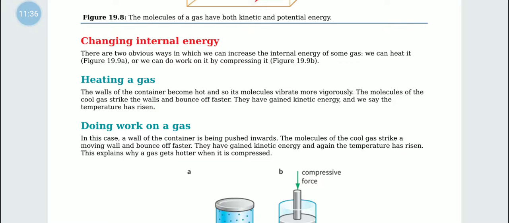Leave another line and write. Internal energy can be increased by several methods.